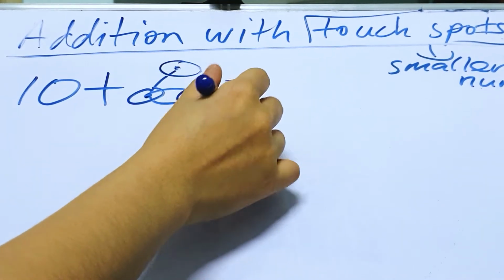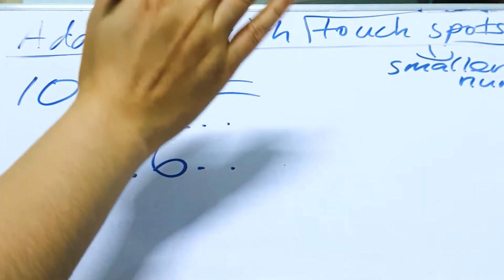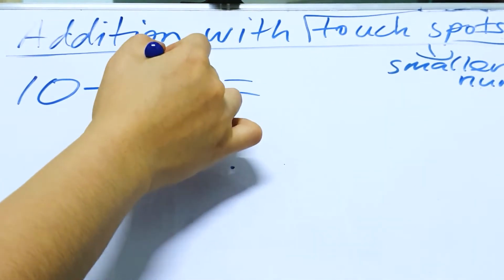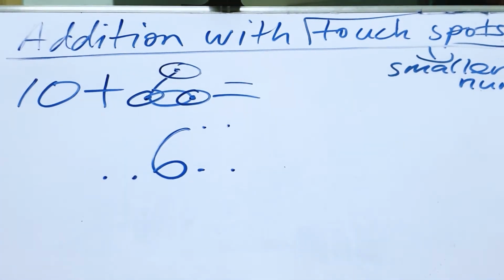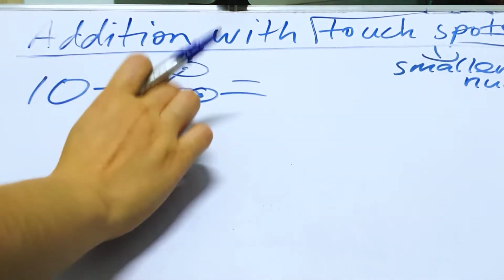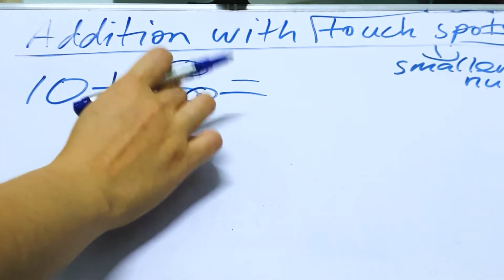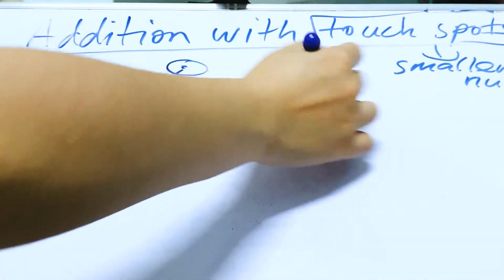Even my son also has to draw like that. Younger children below 6 have to draw like this. So the answer is 16.